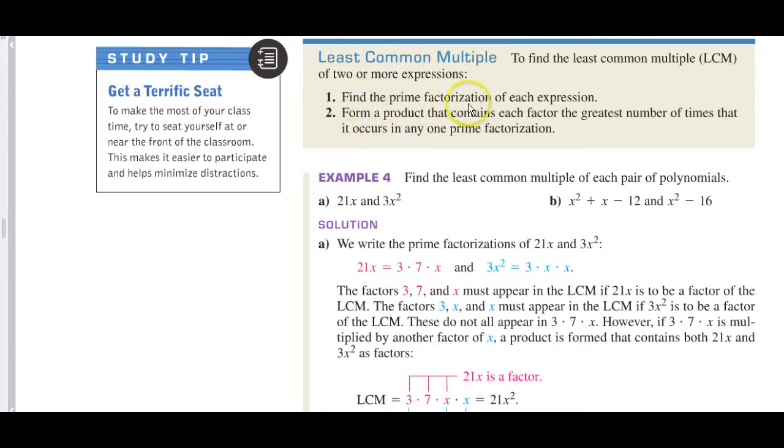Find the prime factorization of each expression. Form a product that contains each factor the greatest number of times that it occurs in any one prime factorization. Okay, that's what I did in the other slide.